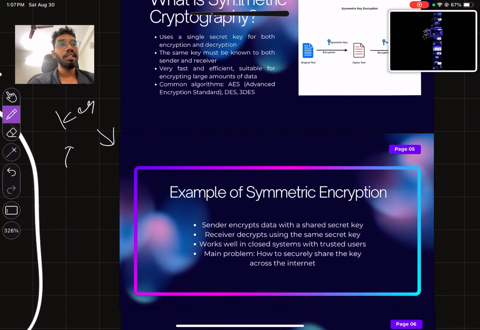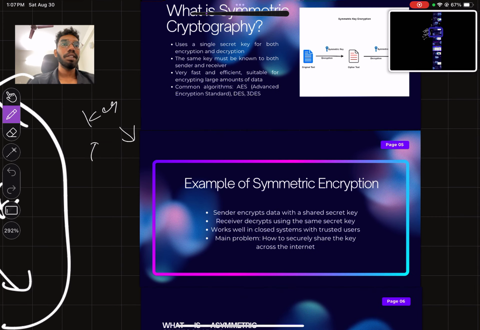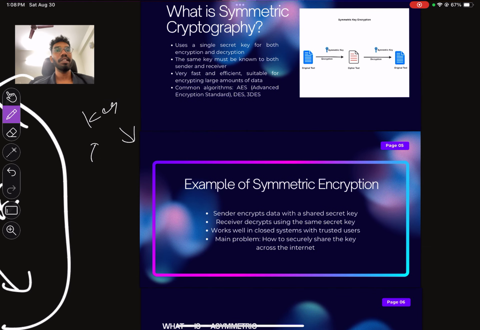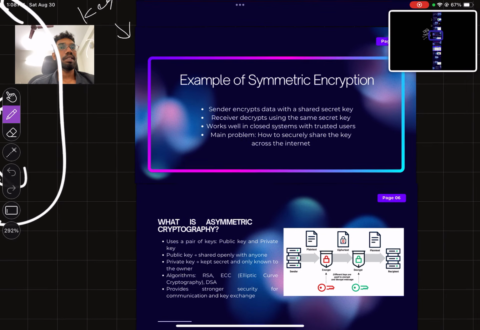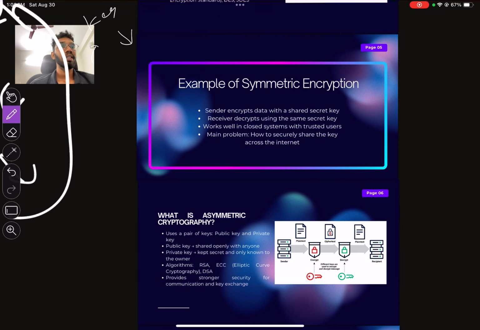It's very fast and efficient because it uses the same key for encryption and decryption. Common algorithms are AES, as we're learning. Let's see examples of symmetric encryption.